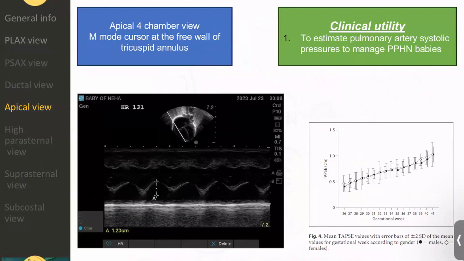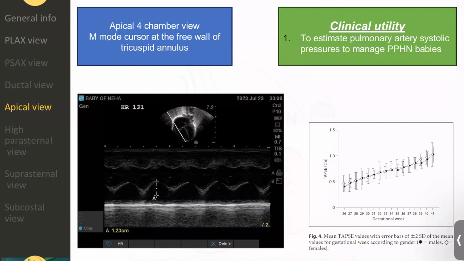You want to see how much the tricuspid valve annulus is excursing during systole. This is taken as one of the parameters for pulmonary hypertension. If the pulmonary artery pressures are very high, the RV will not be able to contract so much, RV dysfunction sets in, and the tricuspid valve is not moving so much.